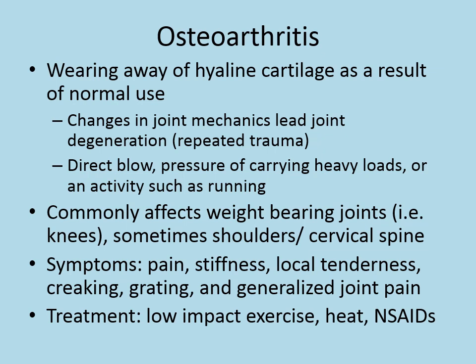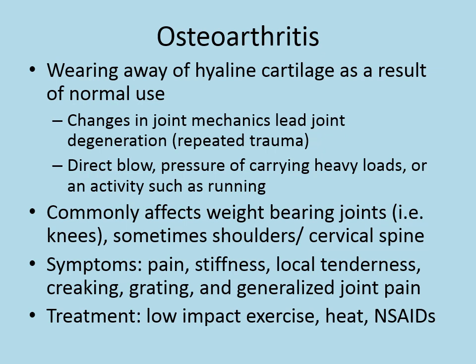But osteoarthritis is defined as the wearing away of the hyaline cartilage as a result of normal use. So the hyaline cartilage is, again, that shiny cartilage that covers the end of the bone. This can happen more so or earlier for people who have repeated trauma as far as changes in joint mechanics, because that can lead to joint degeneration.